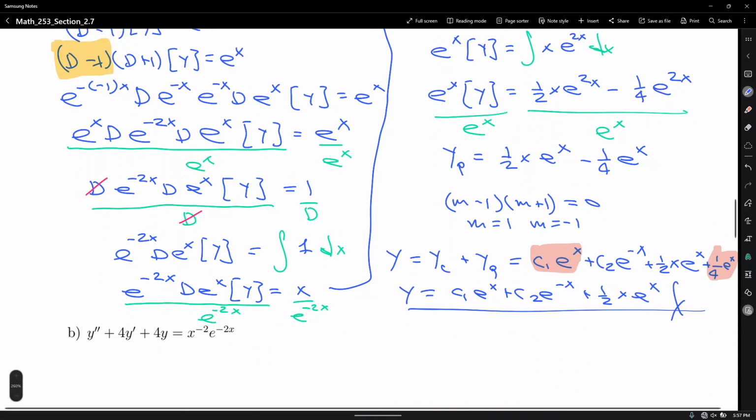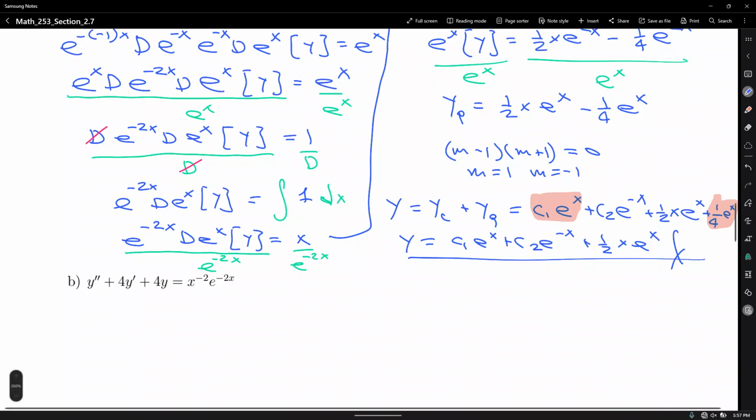Let's have a look at the second example, letter B. Y double prime plus 4y prime plus 4y equals x to the negative 2 e to the negative 2x. Guys, unfortunately, we can't solve this differential equation using undetermined coefficients because the algebraic part multiplying the exponential has negative exponents, and that's restricted from the list of functions for which undetermined coefficients works.